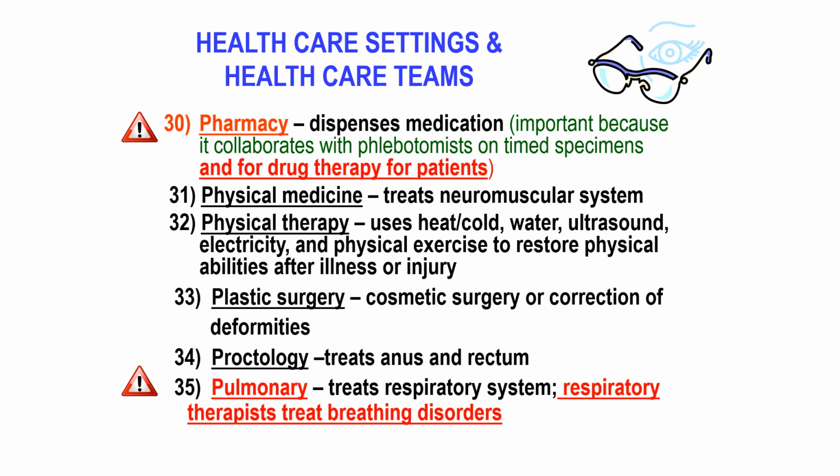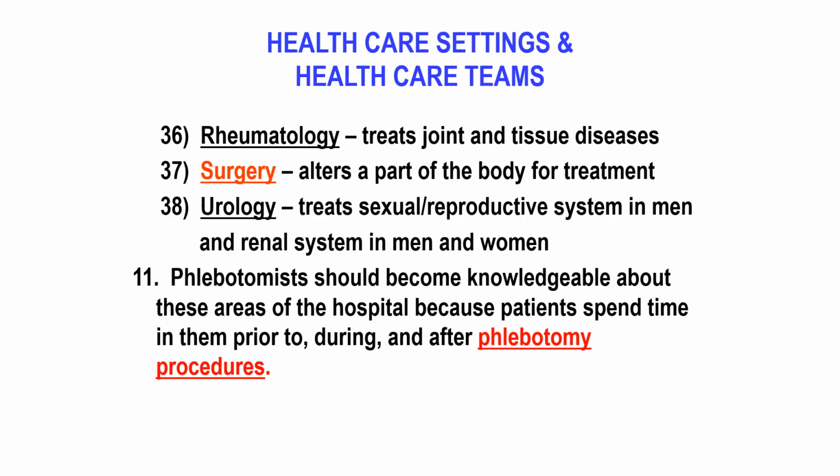Then we have plastic surgery, both cosmetic or corrective for deformities. Proctology treats the anus and the rectum. And then pulmonary, this treats your respiratory system. Respiratory therapists treat things that lead to breathing disorders. Rheumatology treats joints and tissue disease.